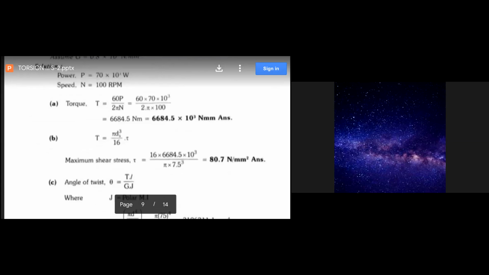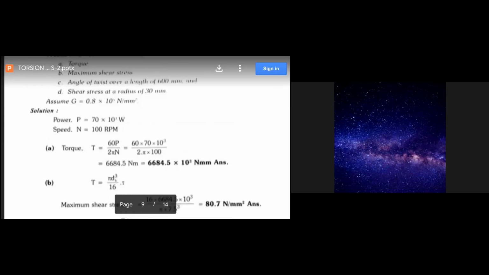So substitute the values: tau is equal to 16 into the calculated T value, 6684.5 into 10 cube, by pi into 75 cube. After simplifying, we get maximum shear stress value as 80.7 Newton per mm square.